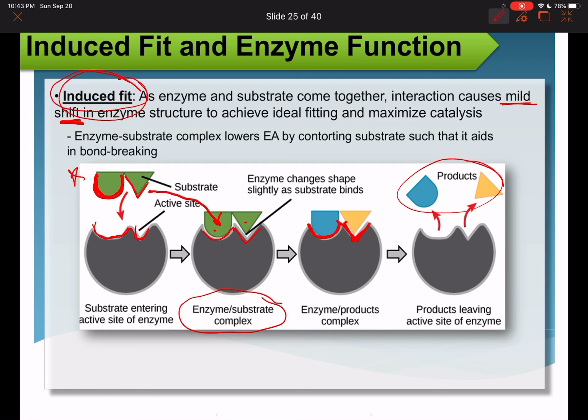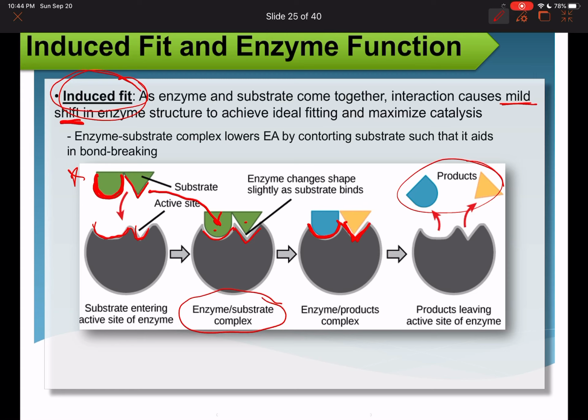So this induced fit is able to, in a sense, add to the contortion of the substrate molecule that will aid in its bond breaking or forming, depending on the chemical reaction the enzyme is catalyzing.